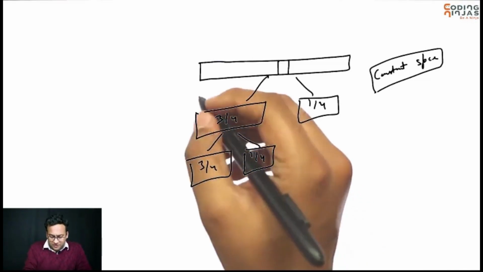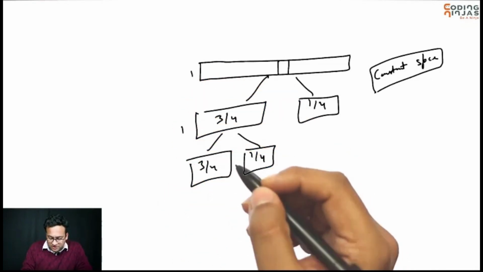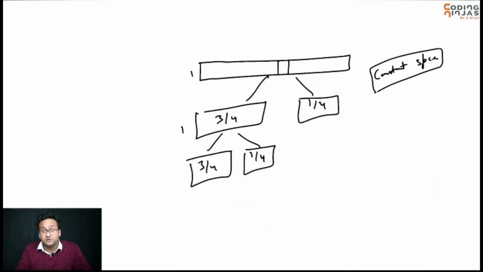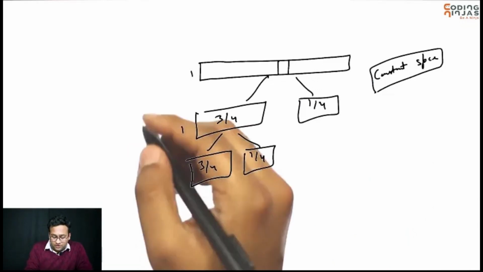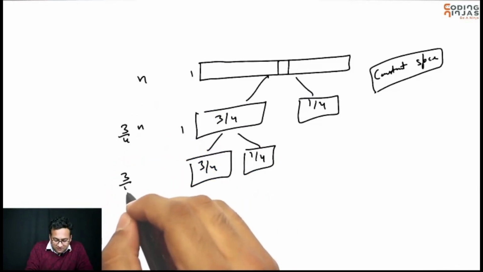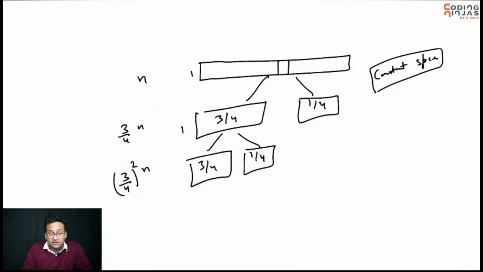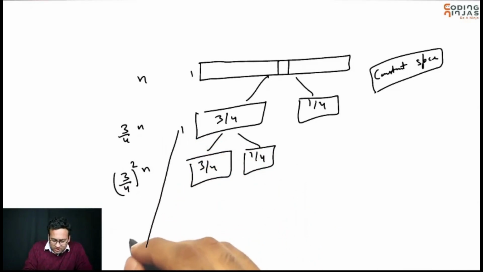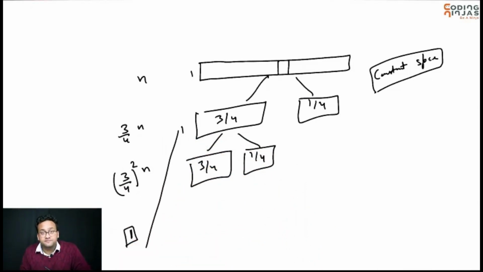Okay, so we have one function, then we have one more function. Let's look at this 3/4 side of the functions. You had n elements, then you have 3/4 n, then (3/4)^2 n, and you will keep going till you have only one element.